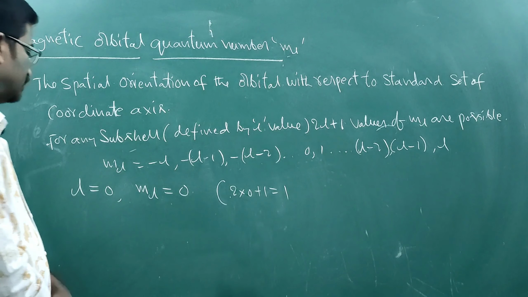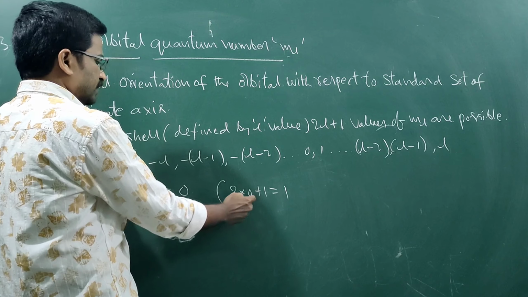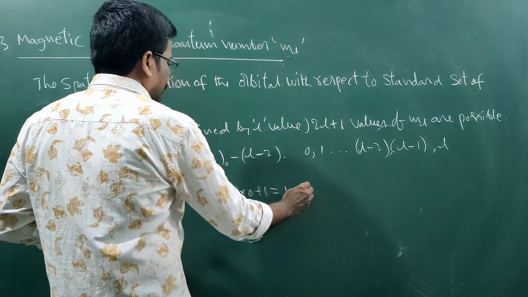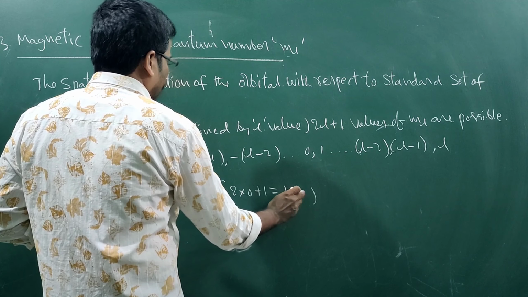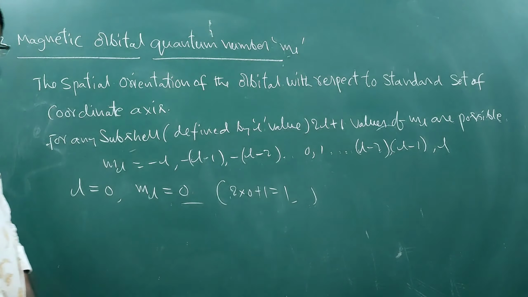For the s orbital, L is equal to 0, and this straight away gives us one value. So the ML value is 0, and the number of values is 1.